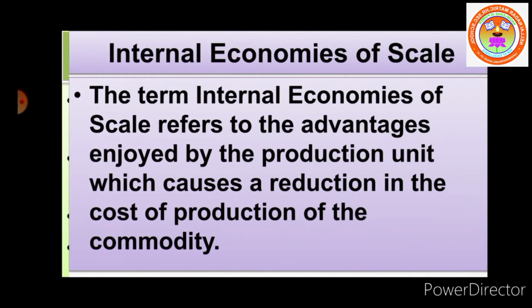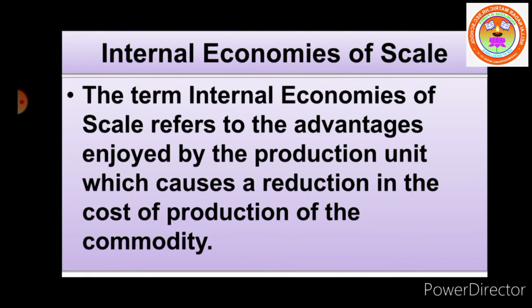First, let us see internal economies of scale. Internal economies of scale happen when a company cuts cost internally, so they are unique to that production. Internal economies of scale are caused by factors within the firm.